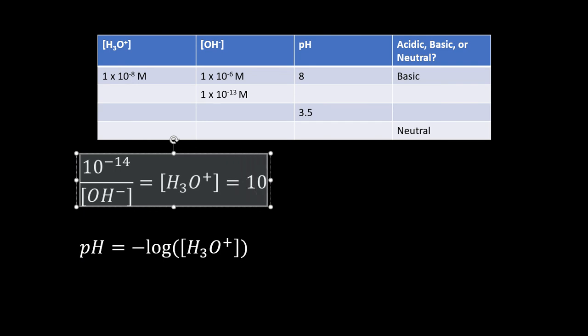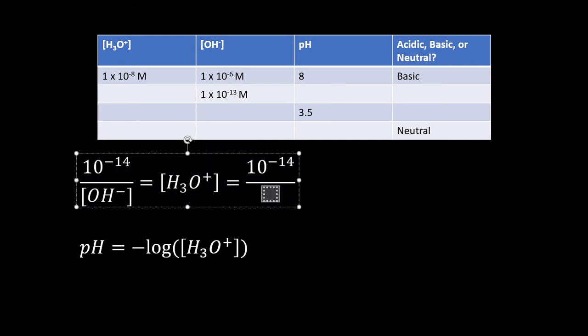Therefore, to solve for the concentration of hydronium, we're just going to take 10 to the negative 14th divided by our hydroxide ion concentration, which is 1 times 10 to the negative 13th molars.